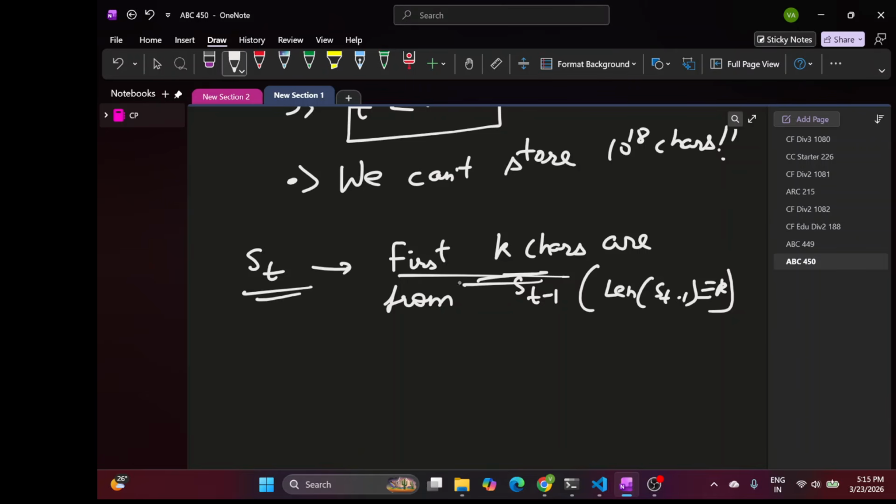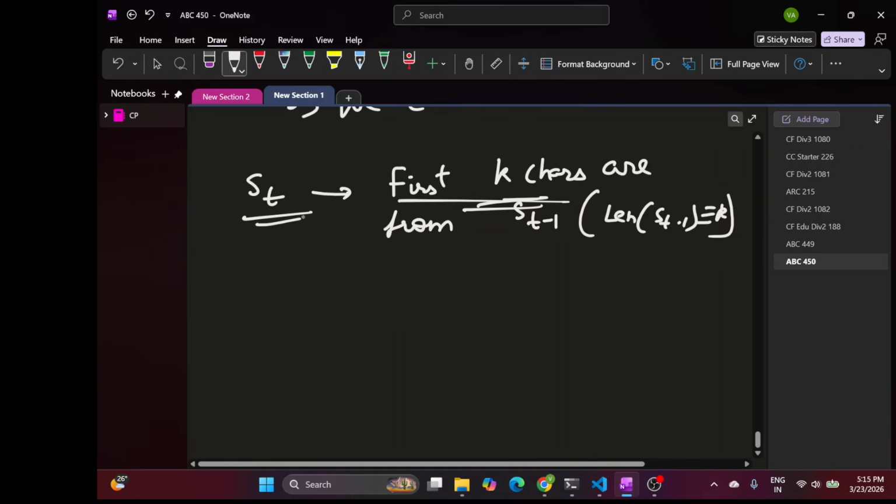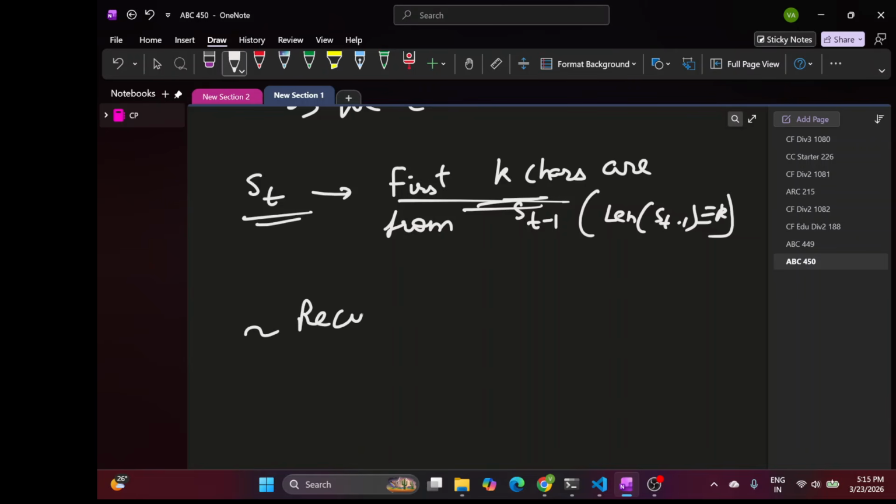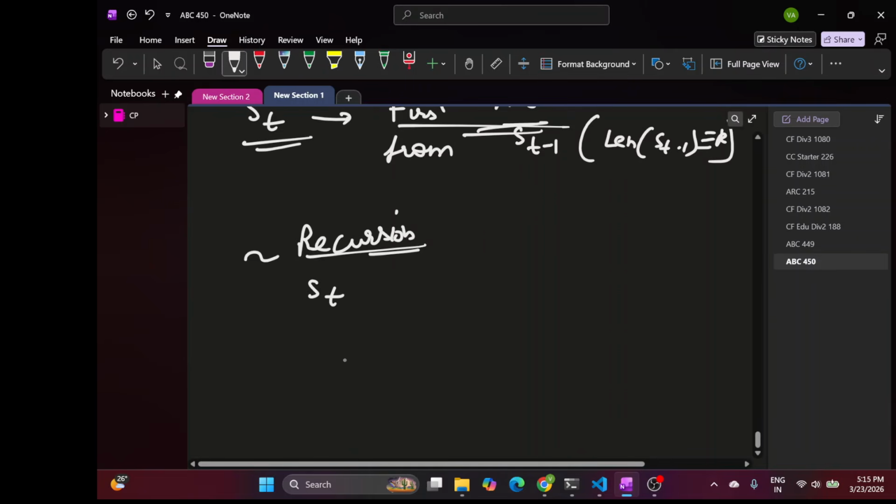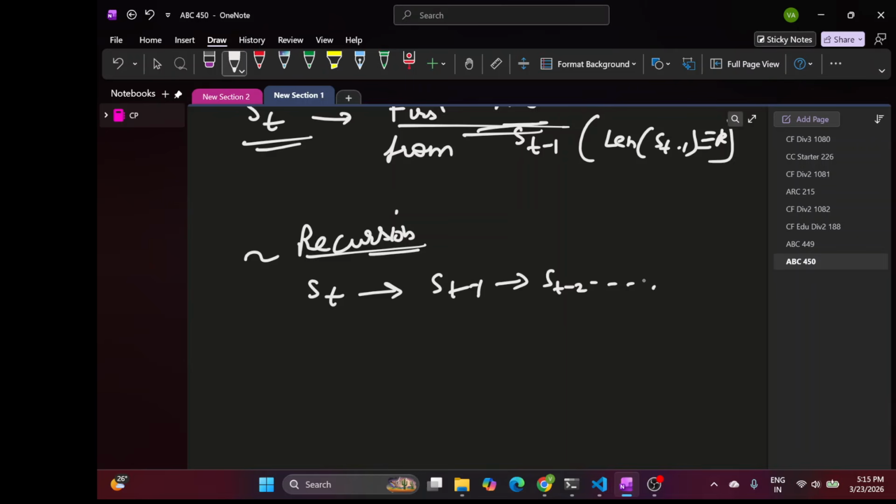So depending on our range of R, we can find the specific value, right? And does this go somewhere around recursion? Like we'll start with the st string and keep going backwards to the st minus 1 string, st minus 2 string, and so on till we find the one we need, right?